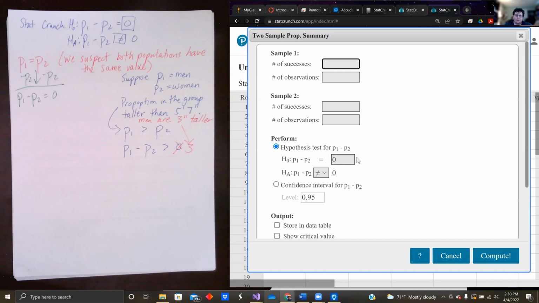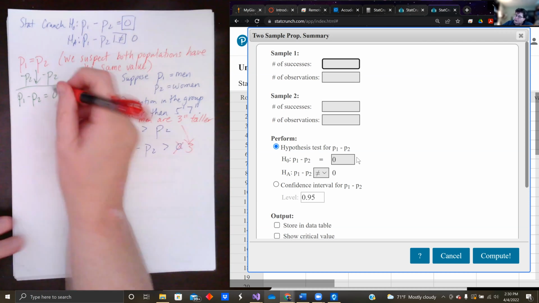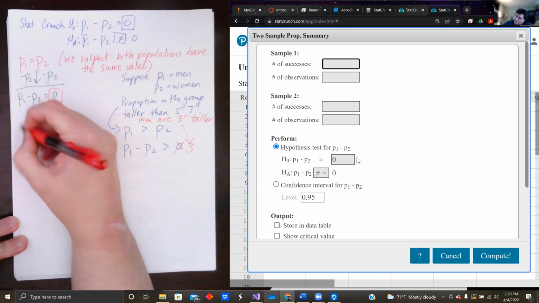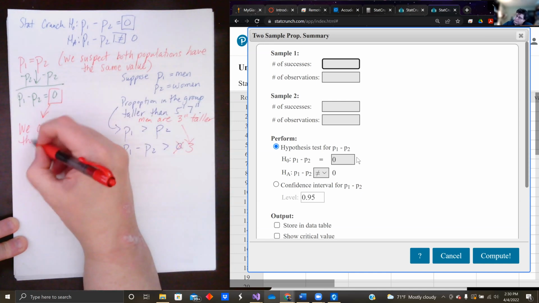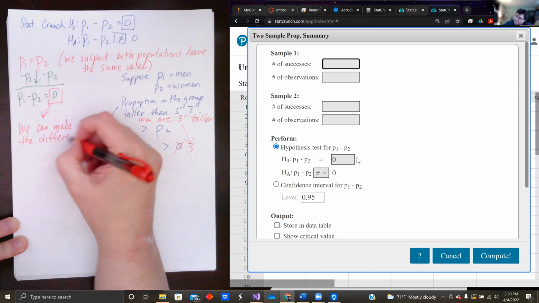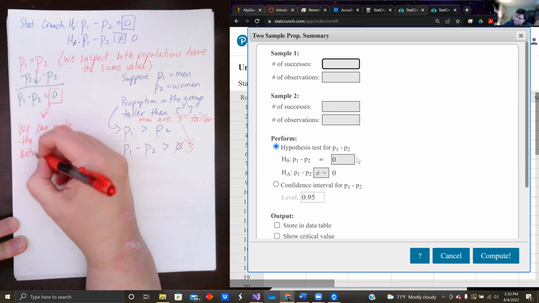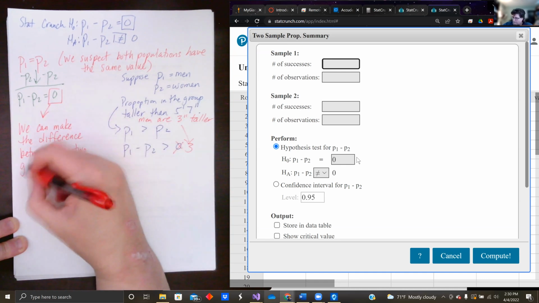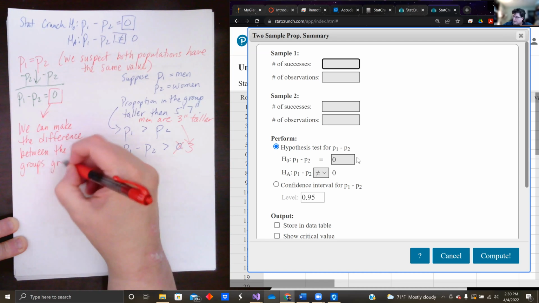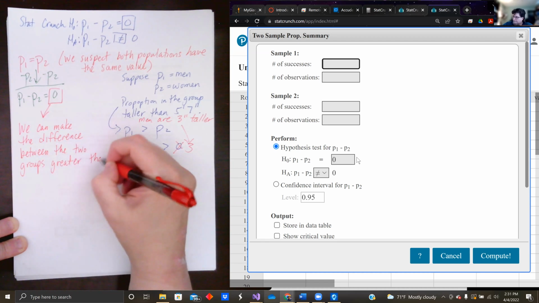The difference should be greater than 3 inches. So that's the idea of why we have that 0 there. We can make it so that there's a bigger separation. So the box around it means we can make the difference between the two groups greater than 0.